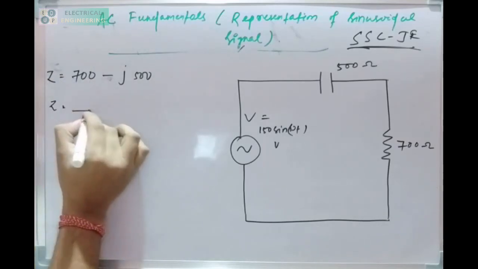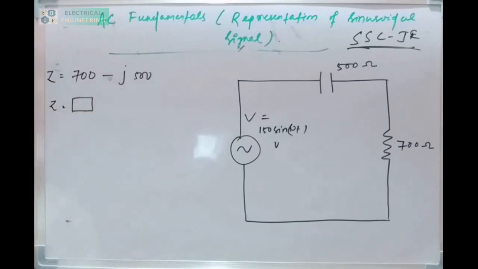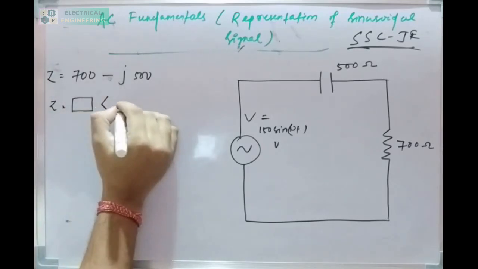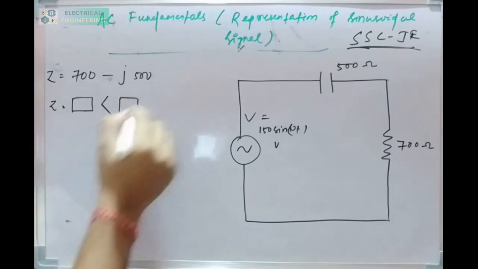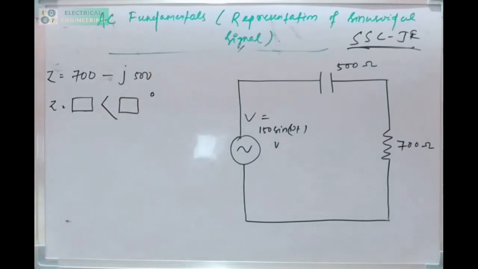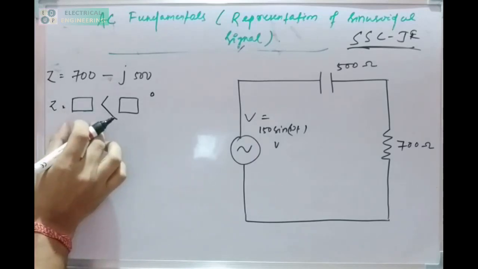In polar form, there is an RMS value and there is a phase difference. Okay, so let us find out the RMS value first. What will be the RMS value?